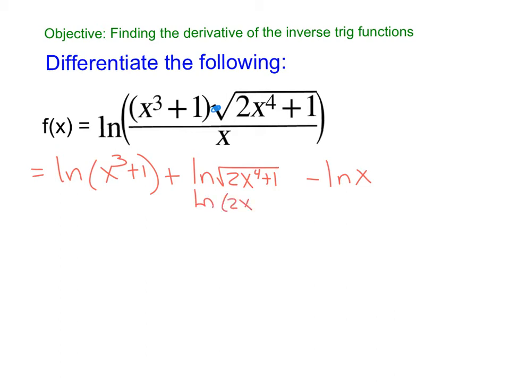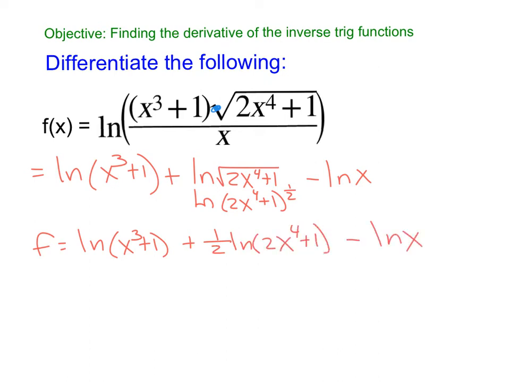This is 2x to the 4th plus 1 to the 1/2, and I brought that 1/2 down front. So f is ln of x cubed plus 1 plus 1/2 ln 2x to the 4th plus 1 minus ln of x.